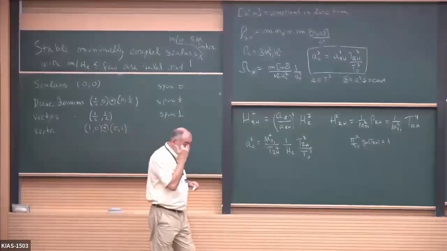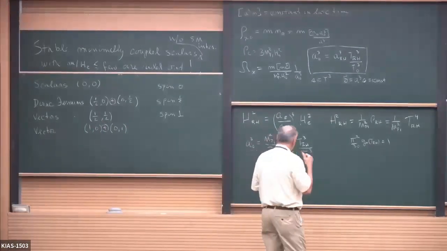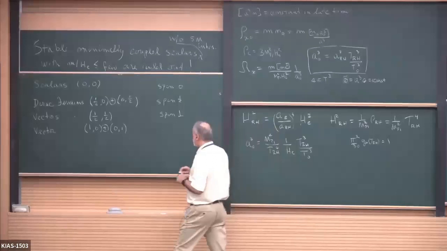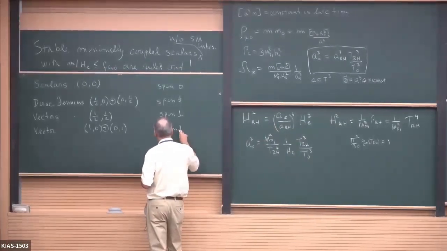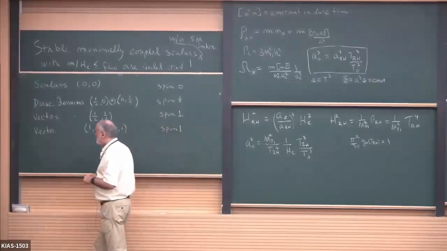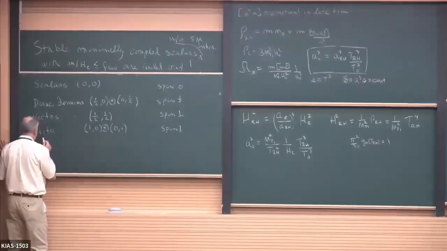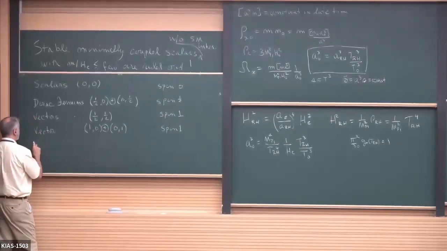These are antisymmetric two-form tensors. This also has spin 1.